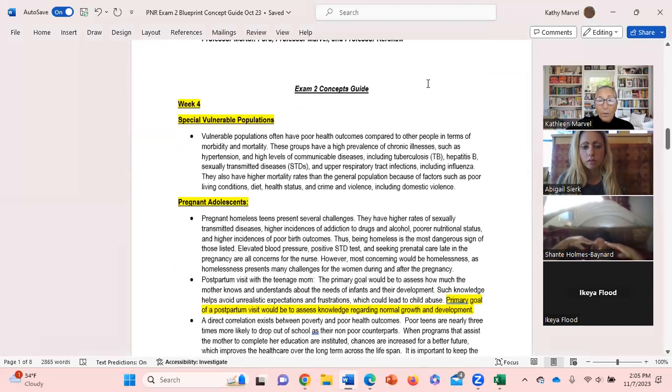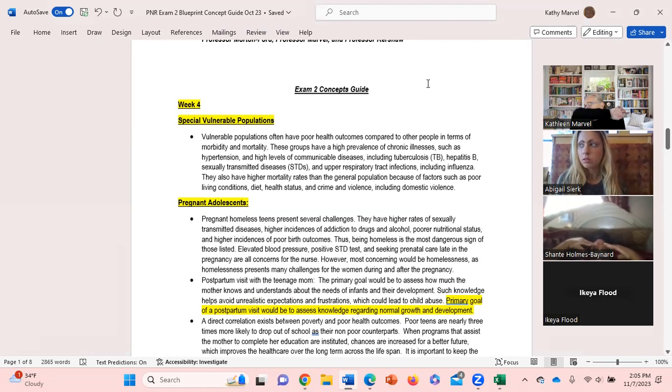All right. As we go through this, remember the exam is clinically focused, so it's taking the knowledge from this guide and applying it to practice. What do we want to know in general about special vulnerable populations?